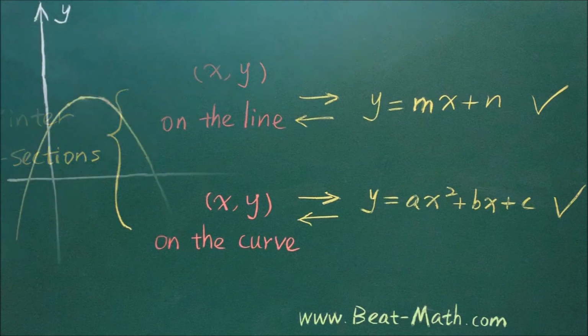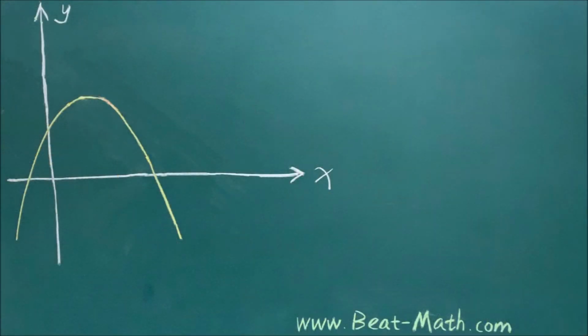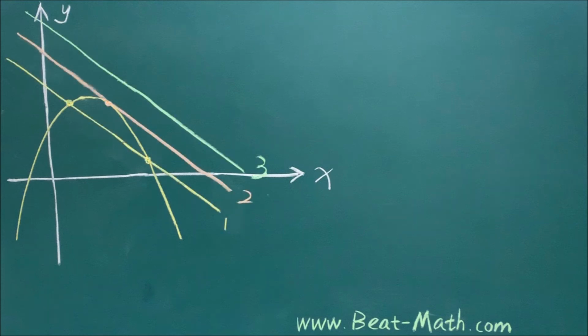If the curve looks like this, we move the line to a different location and see what happens. When the line is at position 1, there are 2 intersections. When the line is at position 2, it just touches the curve at one point and we call it the tangent line. There is one intersection point.